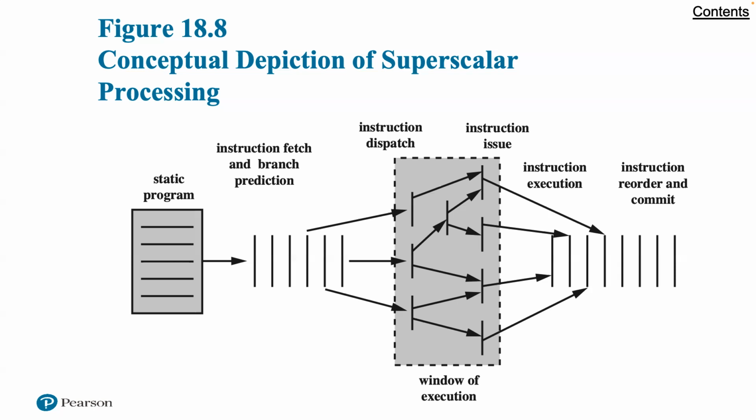Therefore, permanent storage and program visible registers cannot be updated immediately when instructions complete execution. Results must be held in some sort of temporary storage that is usable by dependent instructions and then made permanent when it is determined that the execution model would have executed the instruction.